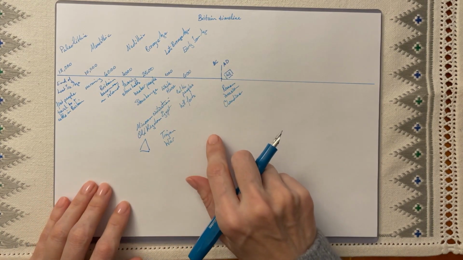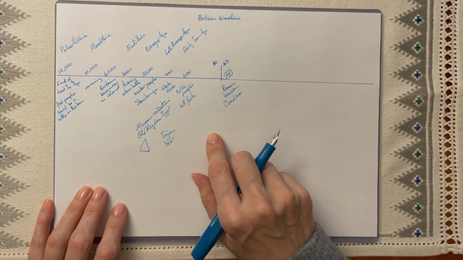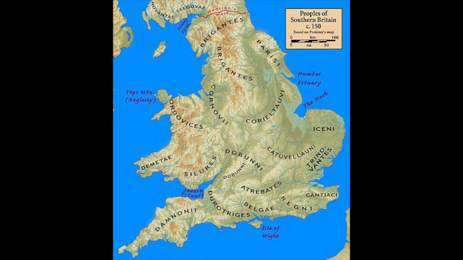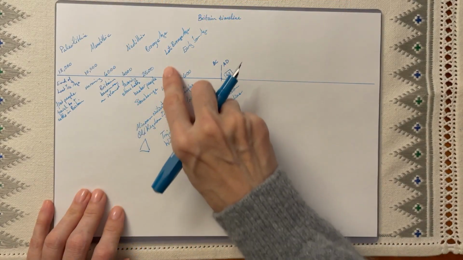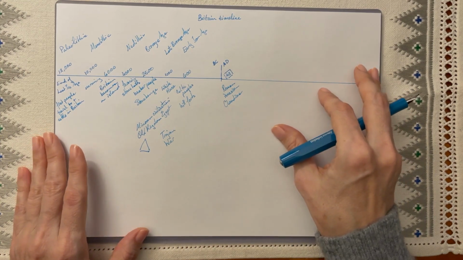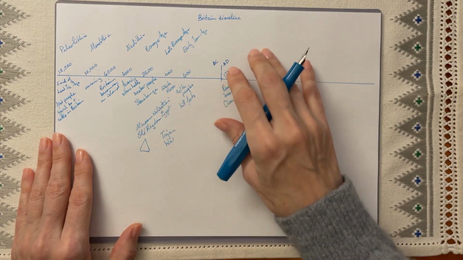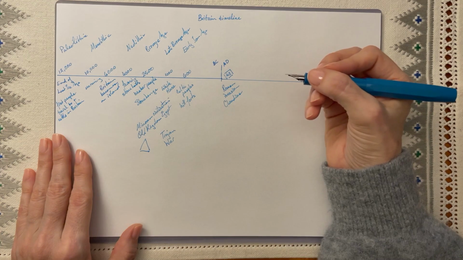We have all of the Celtic tribes in Proto-Roman Britain. And there is evidence of trade with the rest of Europe and sometimes beyond with these tribes.